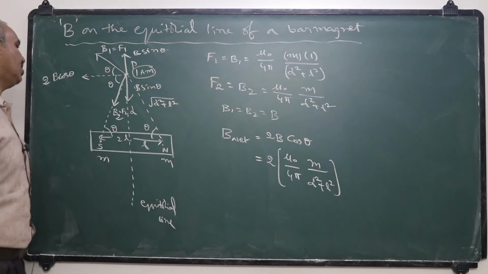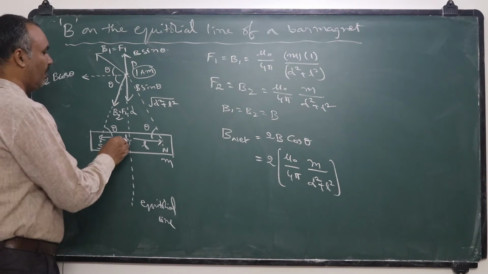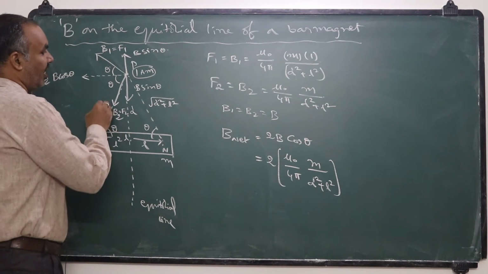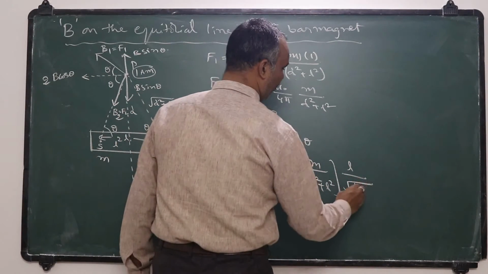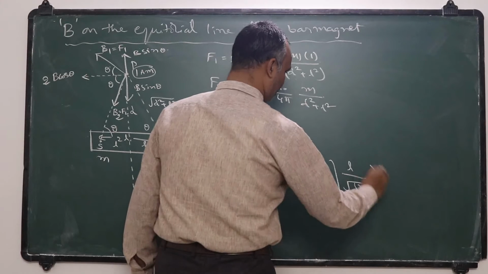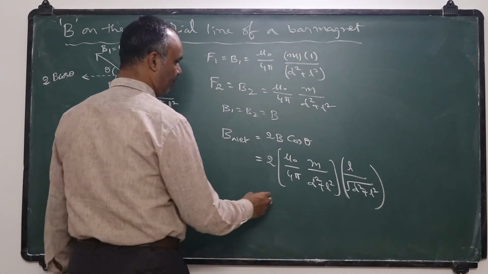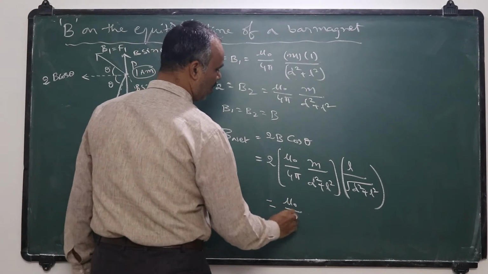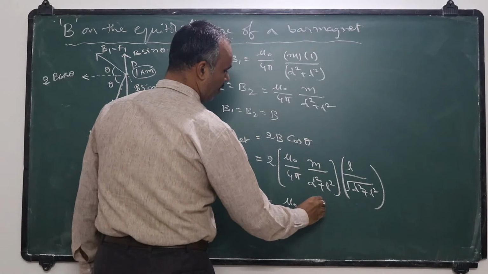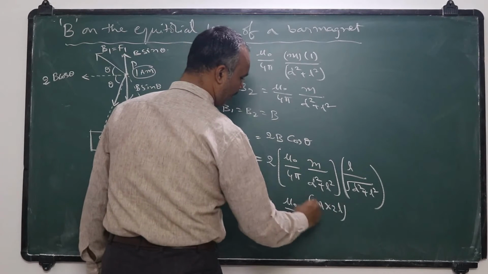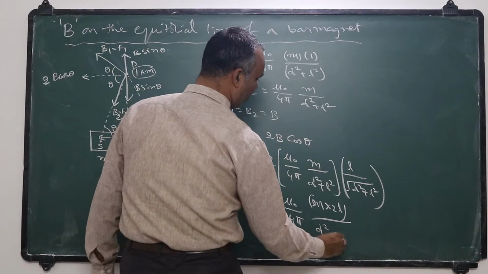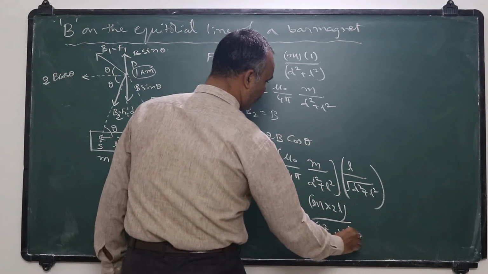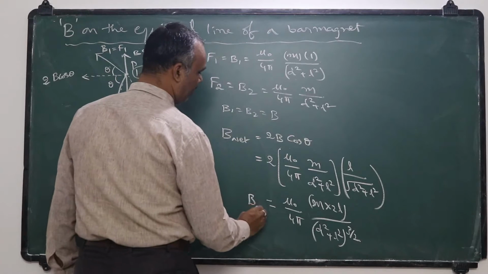What is cos theta here? Adjacent side L by hypotenuse, L by square root of D square plus L square. So you can rearrange: mu naught by 4 pi into m into 2L in the numerator, divided by D square plus L square whole power 3 by 2 in the denominator. This is the net magnetic induction.